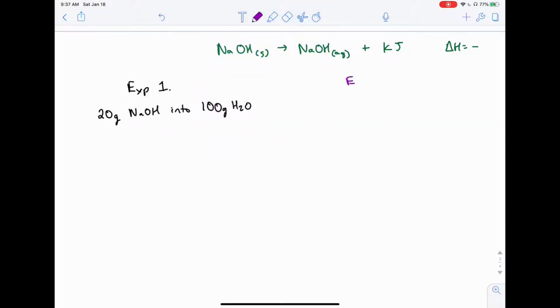In experiment 2, I put 20 grams of NaOH into 50 grams of water. So the same reaction, just different scenarios.